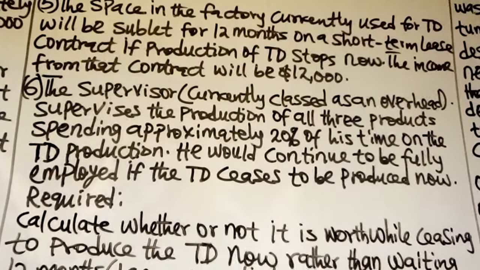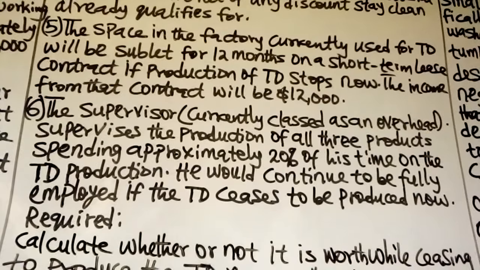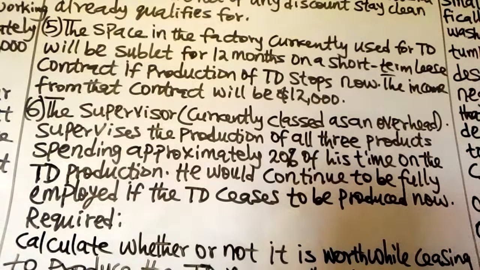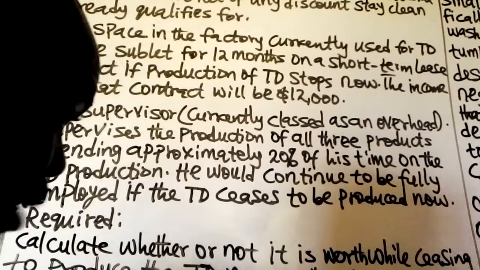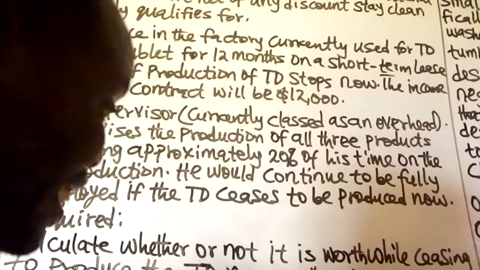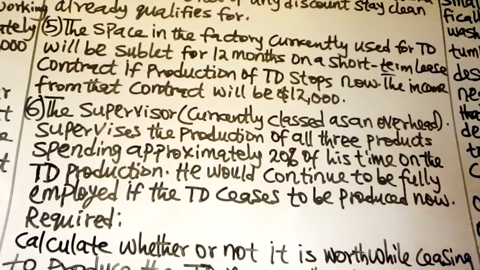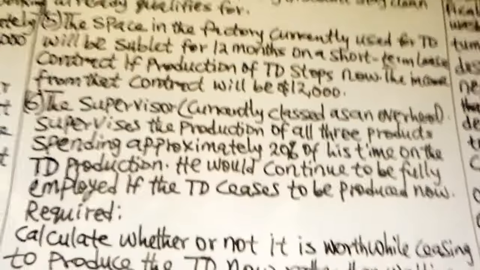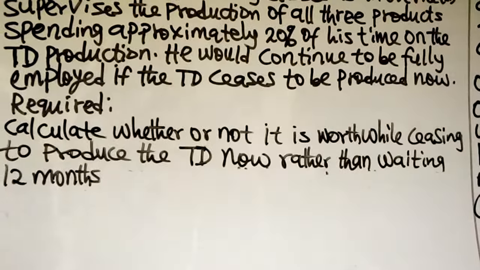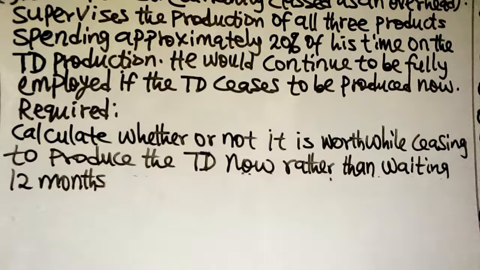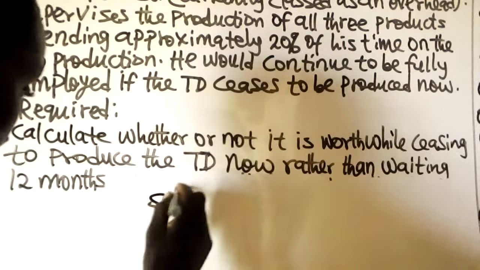So now we want to answer the question. We want to decide whether to cease TD now or to wait till the end of the 12 months period. That is what you want to decide. Let's have the solution.